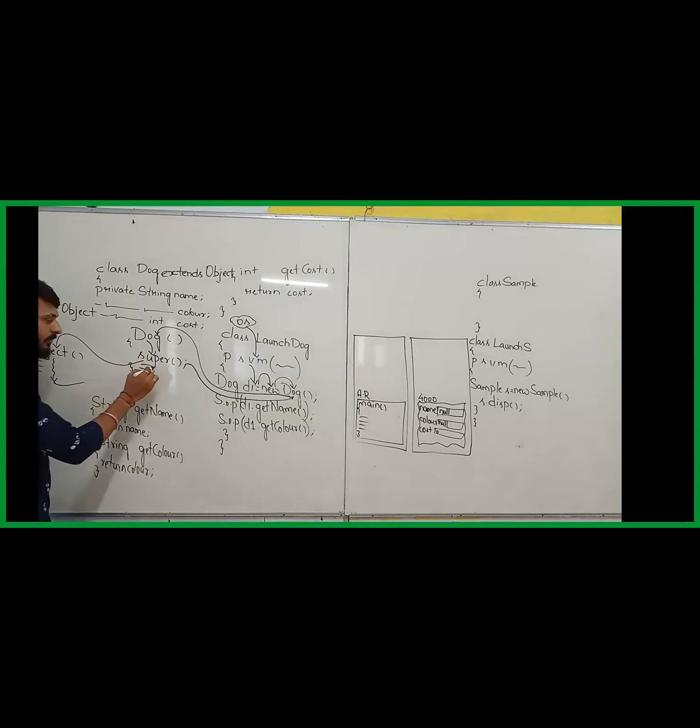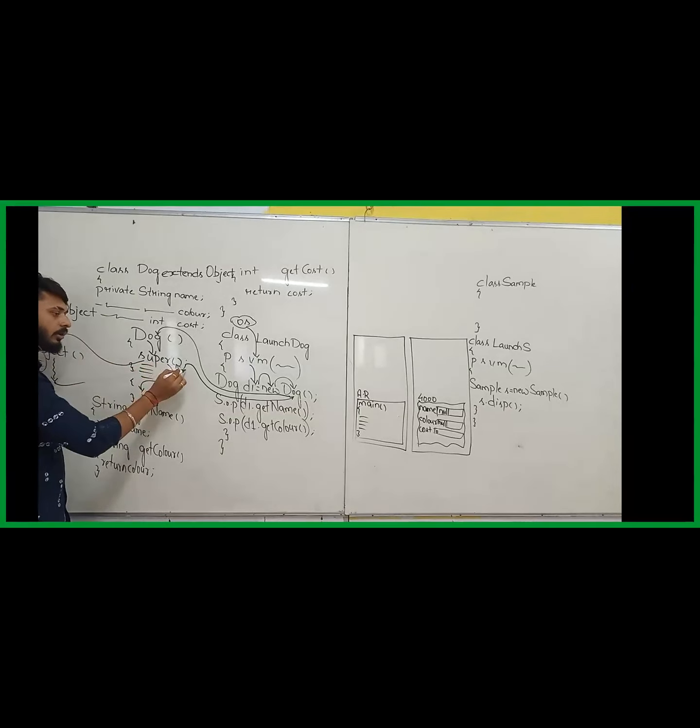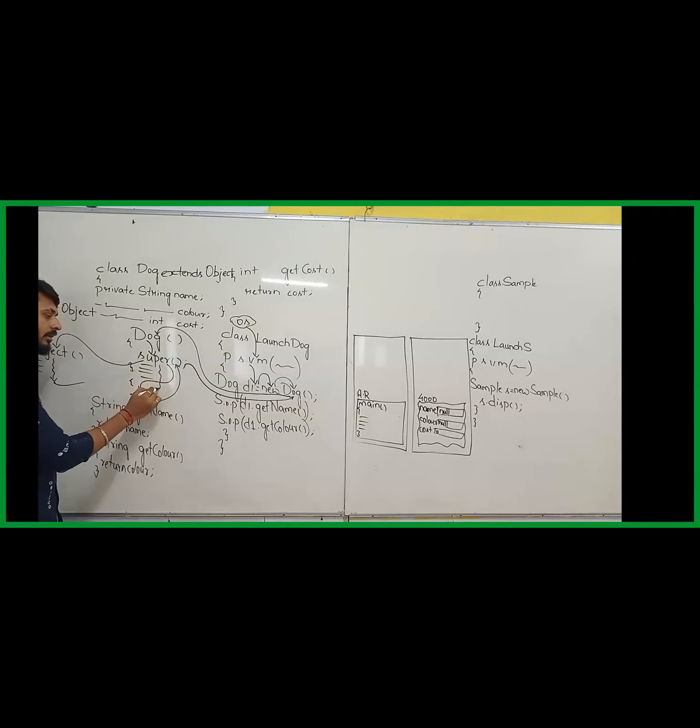Below this, there are 100 statements, but will it execute those 100 statements? No. If I have written any non-static block, immediately after your super method execution, first it will come to the non-static block, execute that, and then go back and then execute the remaining statements.